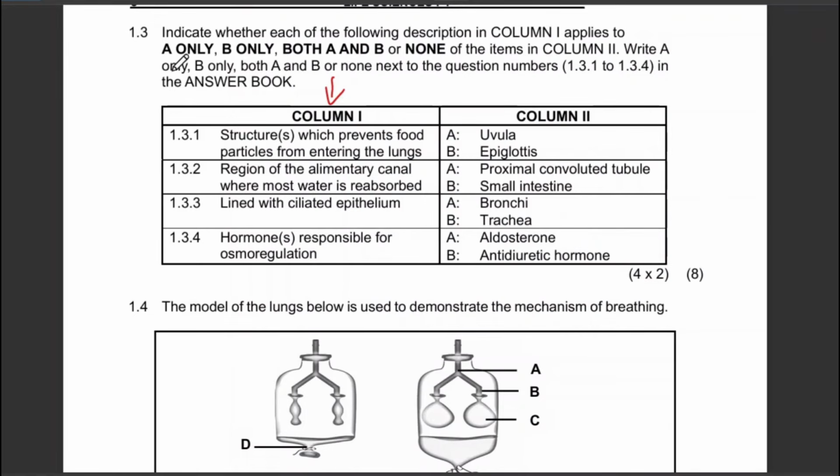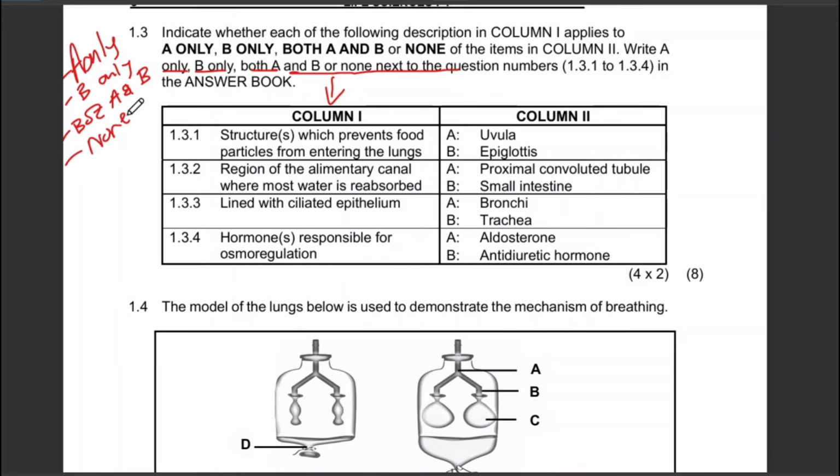Please follow the instruction of how you need to answer. Okay, so you can have 4 different options here as your answers. So your correct answer can be A only, B only, both A and B, or none for each question.